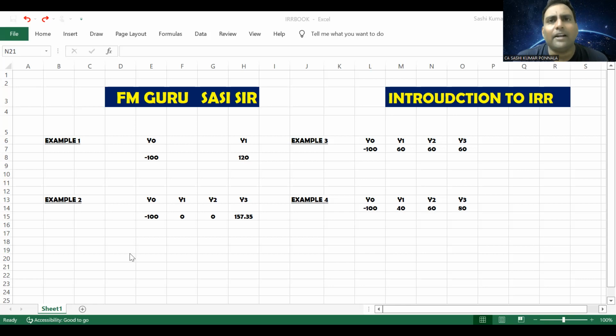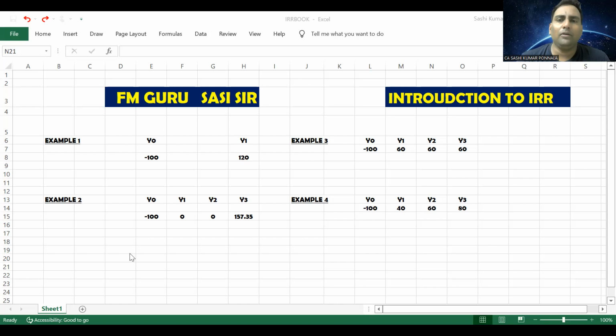What is the interest or return thereon? 4 rupees. 100 plus 4 is equal to 104. Therefore, future value is equal to present value plus return or interest. For your understanding, in general language, we call it interest.